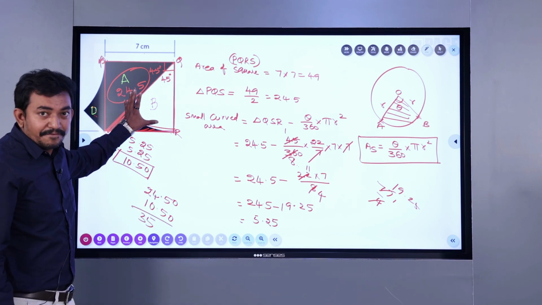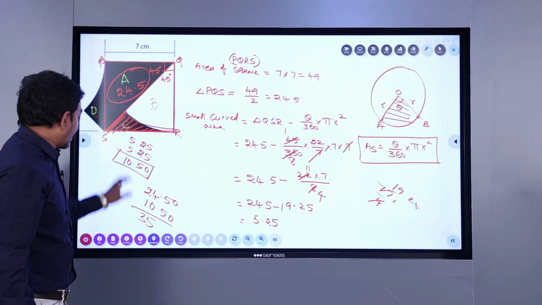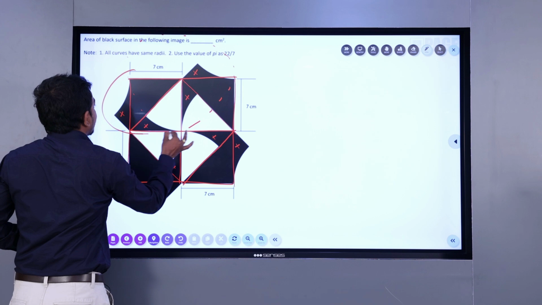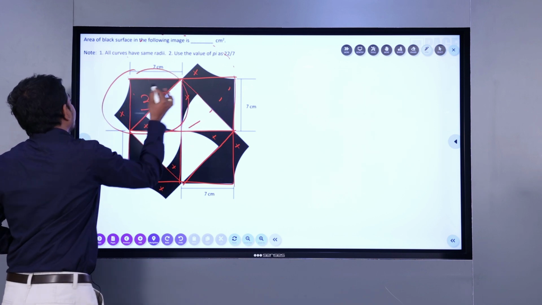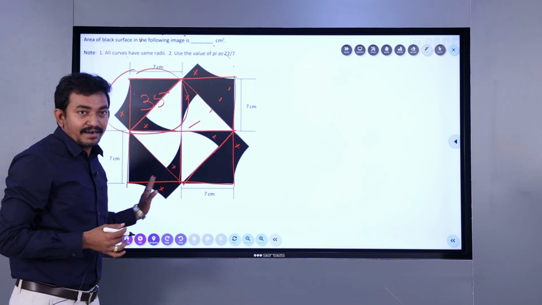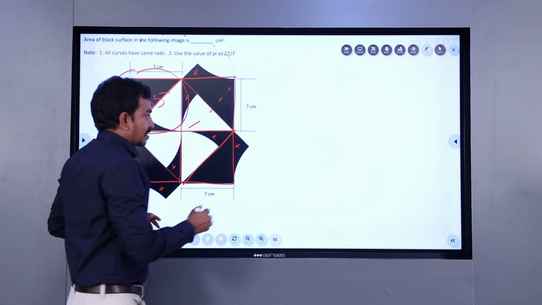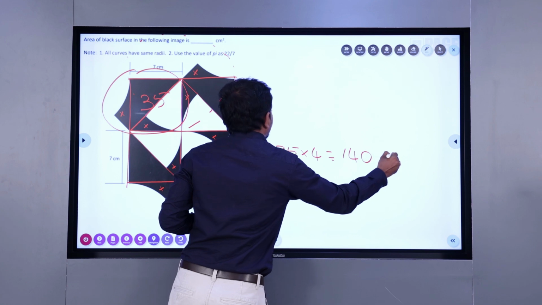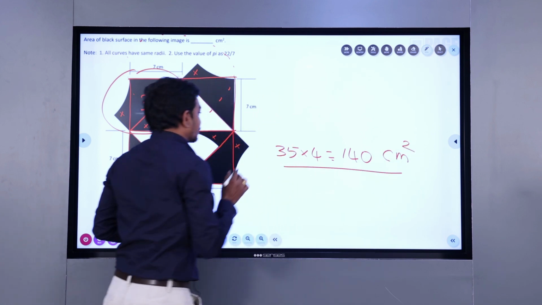Now we figured out that the area of one such part is 35. But how many such parts are there? There are 4 such parts in this. So the total area is how much? 35 times 4, 140 centimeters squared is our answer.